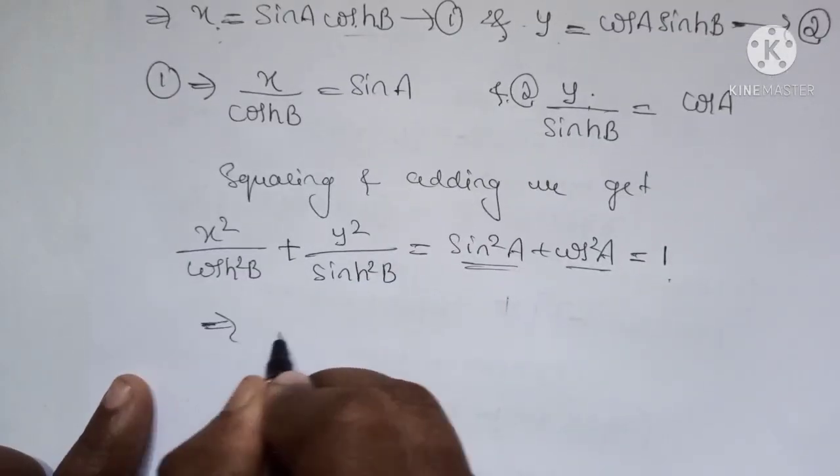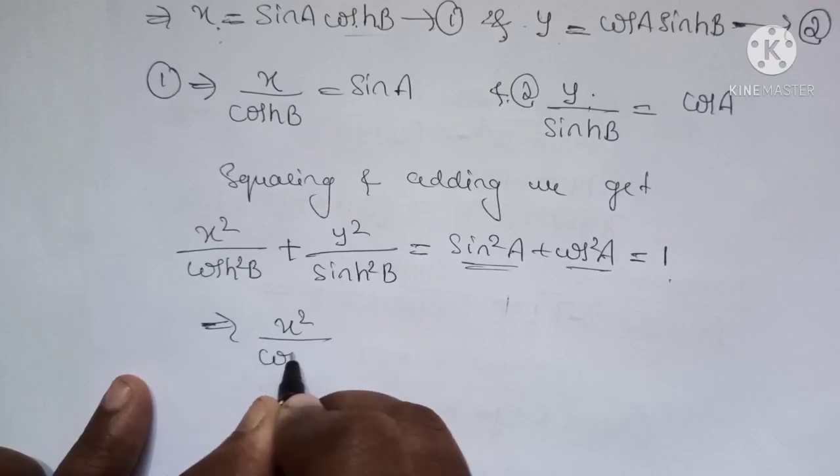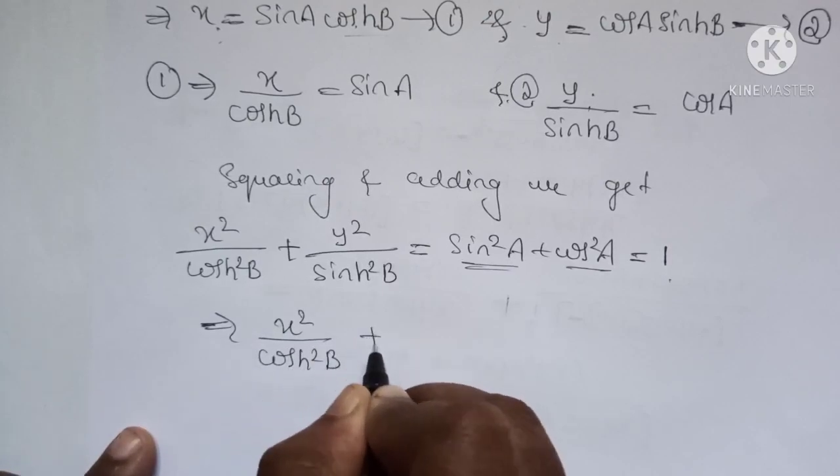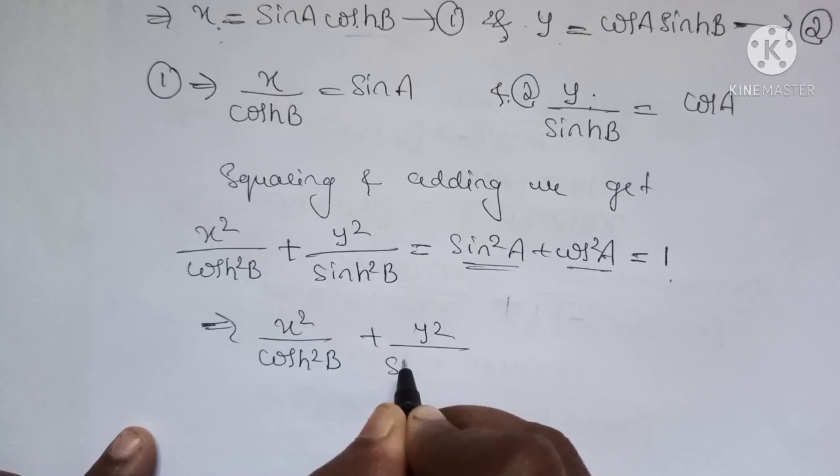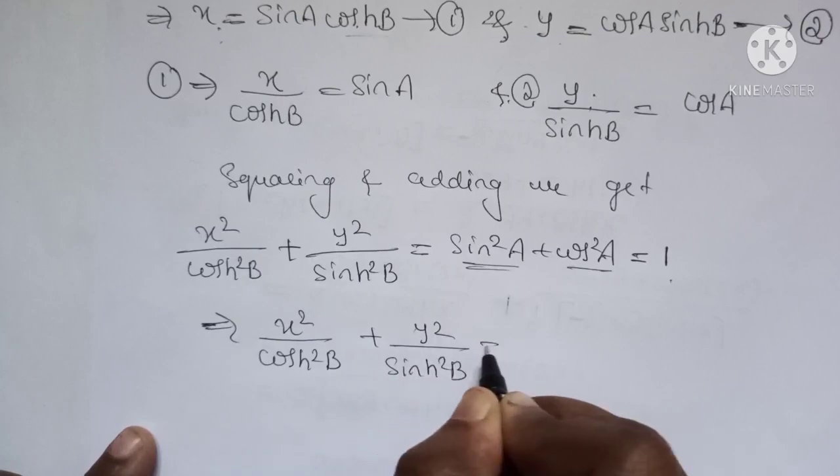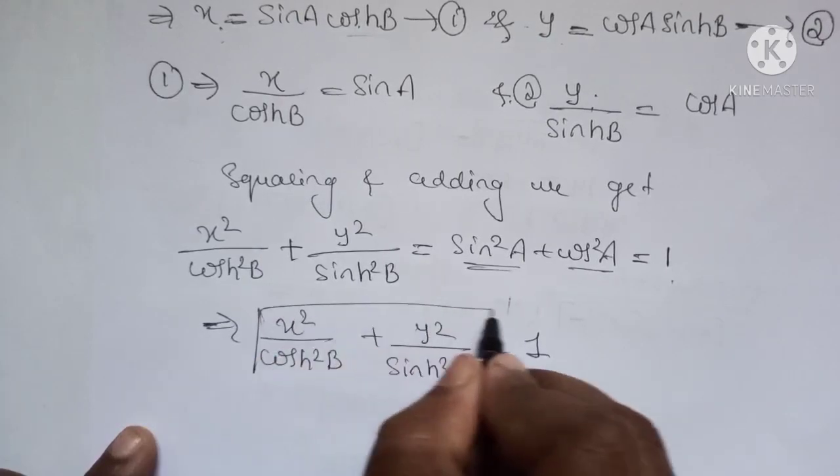Therefore we have proved that x square divided by cosh square b plus y square divided by sinh square b equals 1. This is the first proof.